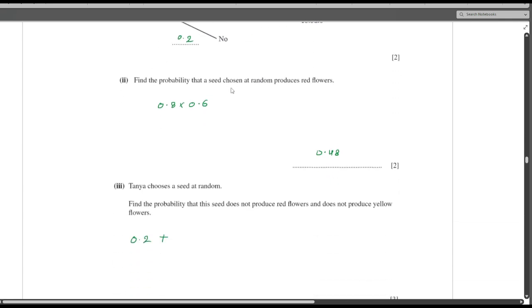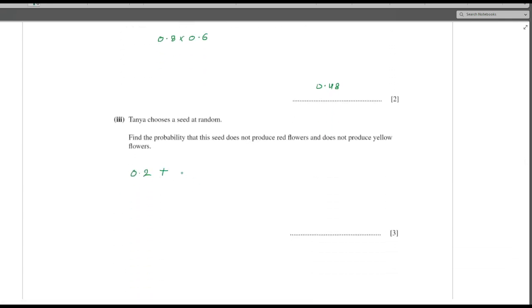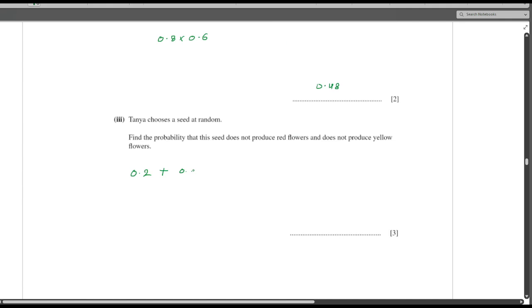So it is 0.8 times 0.1. So this is 0.2 plus 0.08, which is 0.28. So here your result will be 0.28.